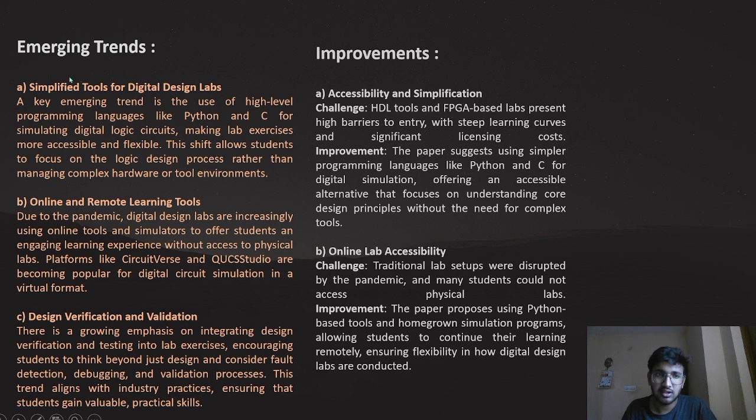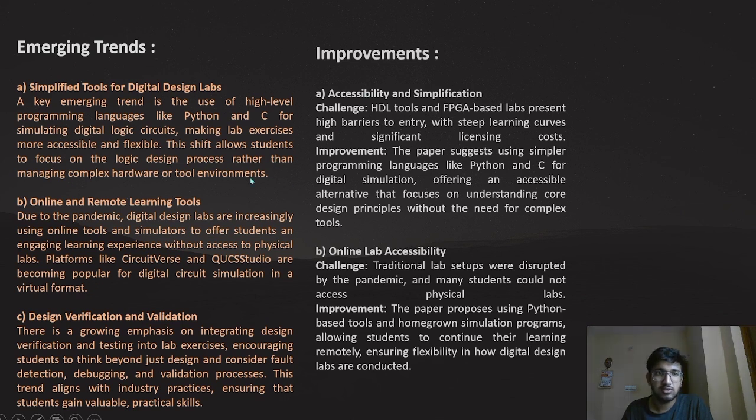Next we have the emerging trends. There are three things in this: simplified tools, online and remote learning tools, and design verification and validation, which will help the students. In simplified tools, we have higher level languages like Python or C, which are used to simulate logic gates in a much easier way than assembly level language, which students earlier used to use and which was very hard to operate.